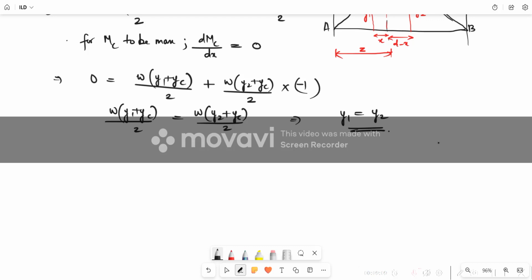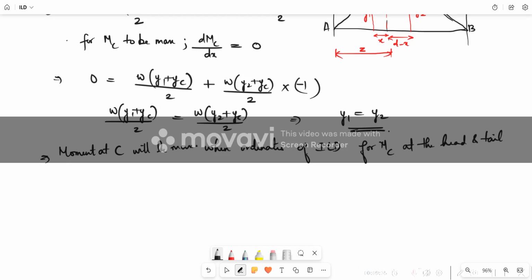Okay, so that means you can write, hence you can write, moment at C will be maximum when the ordinates of ILD for MC at the head and tail end of UDL are equal. Okay, so that is the result, y1 equal to y2.